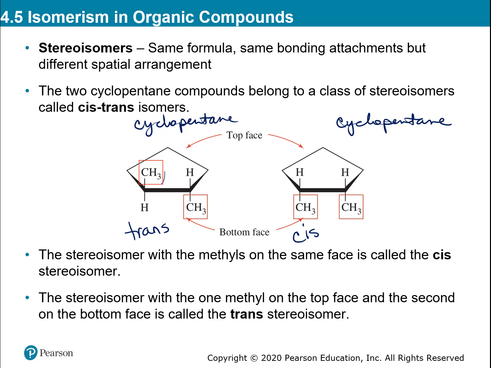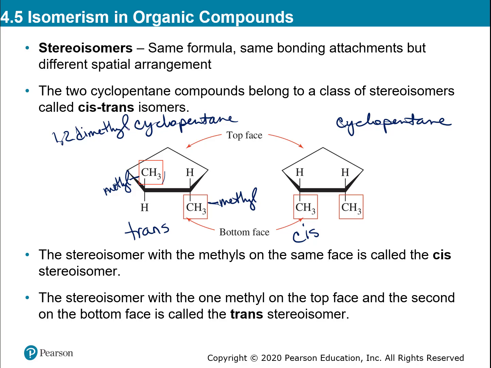This group hanging off, those are methyl groups, right? This group hanging off over here is also a methyl group. They're hanging off of adjacent carbons, so I would call this 1,2-dimethylcyclopentane. Same thing with the one over on the right. They're exactly the same.